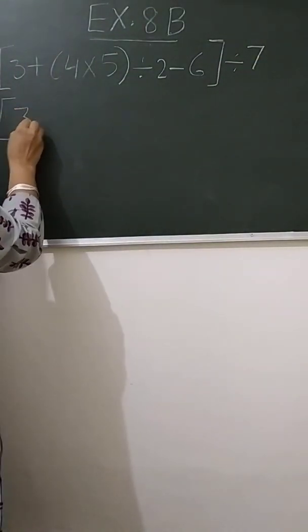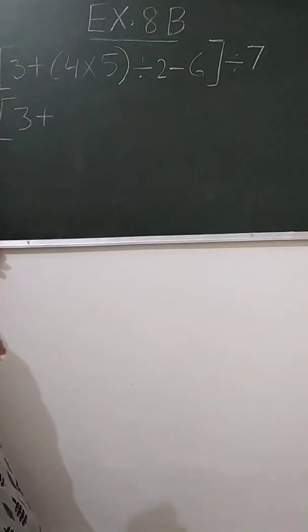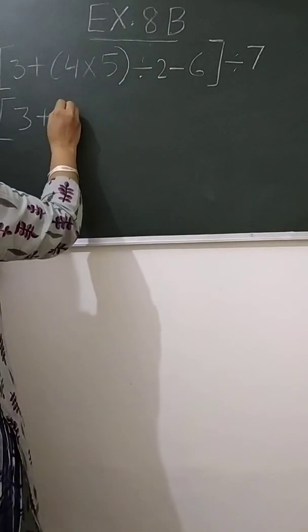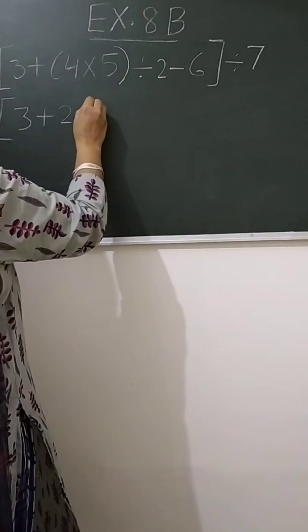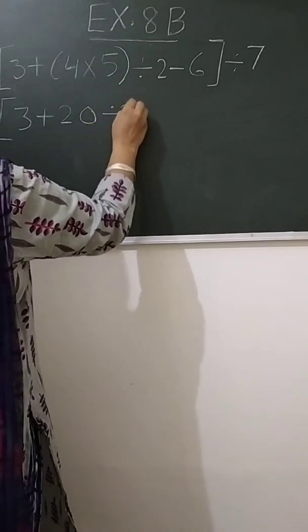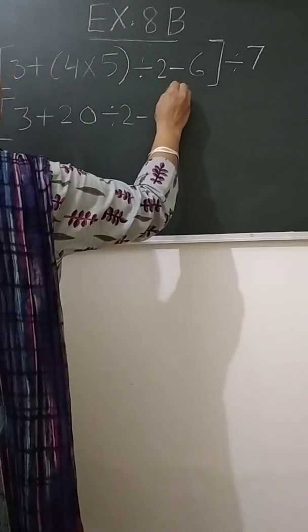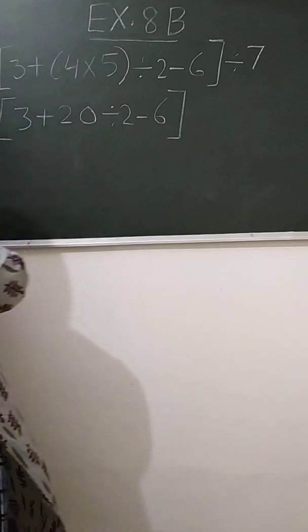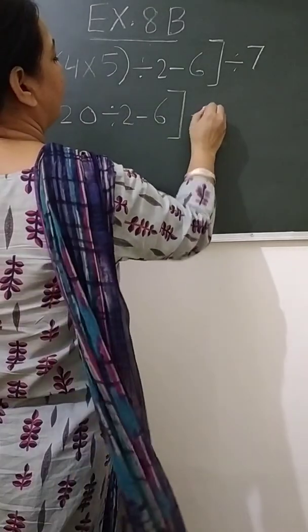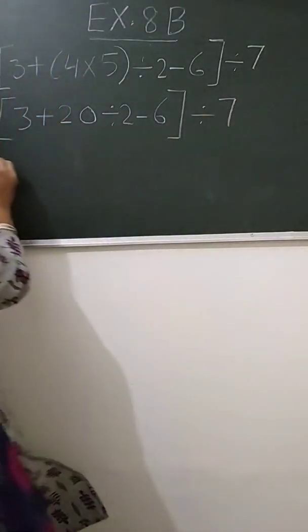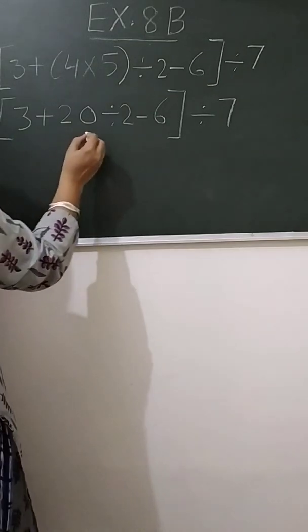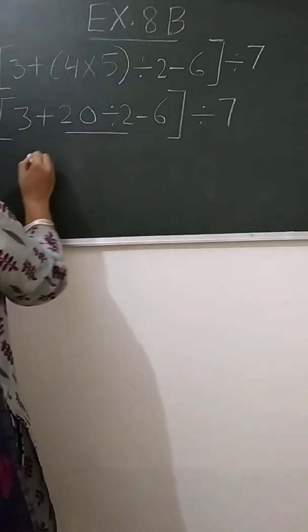So we will solve the inside bracket first. 4 5s are 20, divided by 2 minus 6. These all numbers are in the bracket. Divided by 7. Now the step of division here.